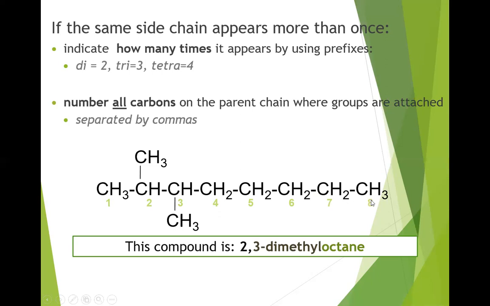This is also an octane parent chain, but now we have 2 substituents. The first substituent is on carbon number 2, the second substituent is on carbon number 3, and now there are two of them, so it's no longer just methyl, it's going to be dimethyl, meaning that there are two substituents on this parent chain of octane.